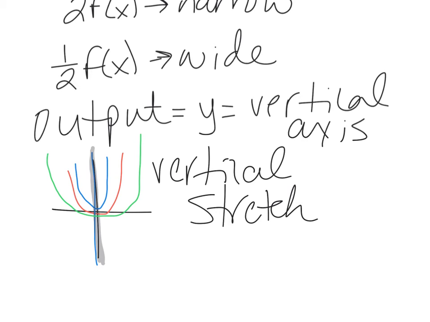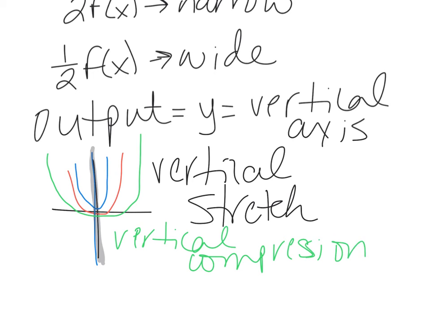So that's a vertical compression, because I'm pushing it away. The green one would be called vertical compression because it's being compressed downward. This vertical stretch is stretching upwards along the y-axis because it's the output, so I care what's happened vertically. The y, the output, the dependent variable.